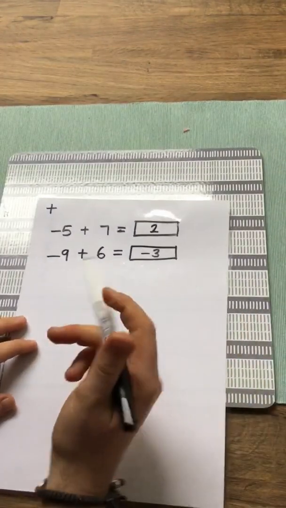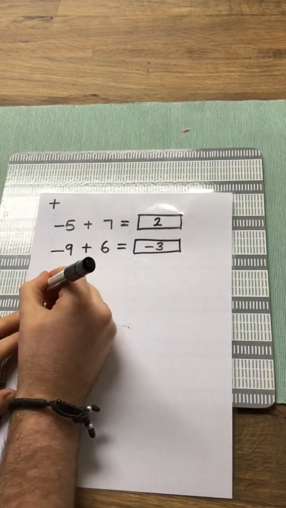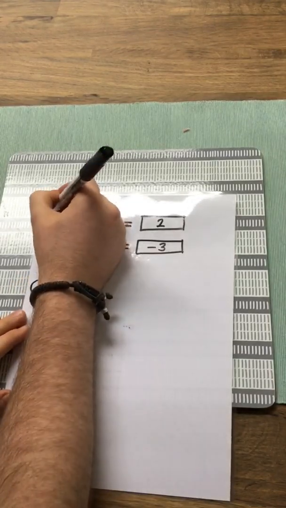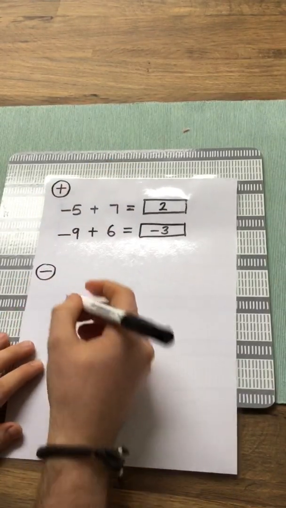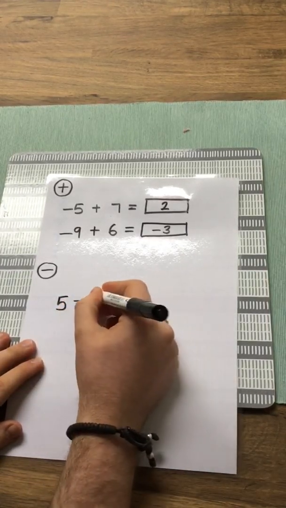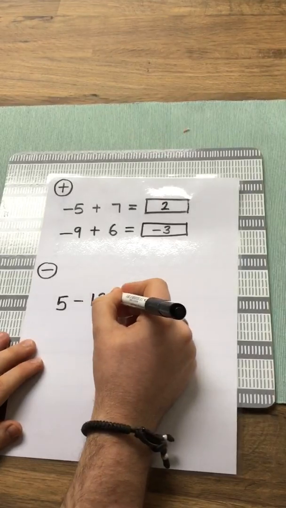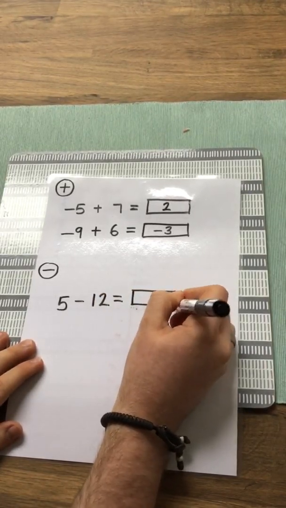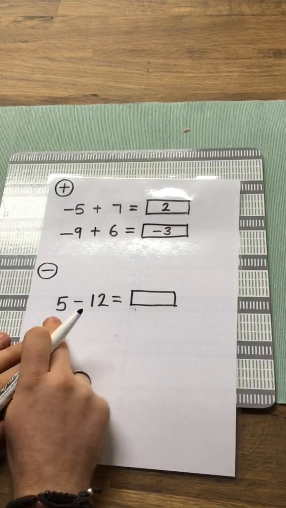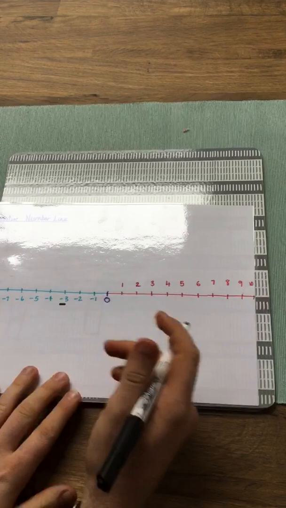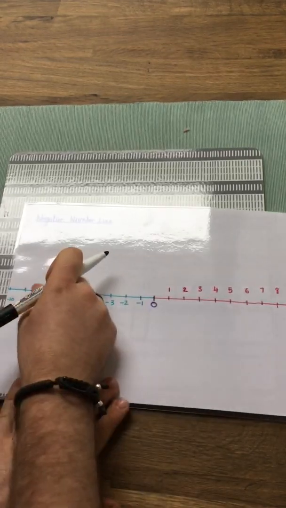Okay, now we're going to move on to some subtraction. So let's have a little think then. Let's have the number 5, and we're going to subtract 12 from it. Okay, and that's going to equal something that we need to find out. So going back to my negative number line, wipe off my marks.